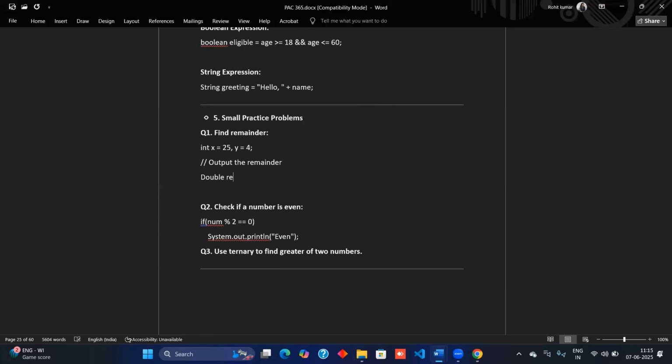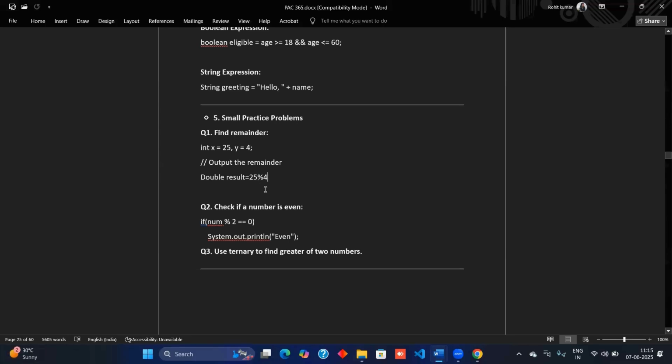Double result equals 25 mod 4. This will be divided by 4. 4 4s are 16, 4 5s are 20, 4 6s are 24.